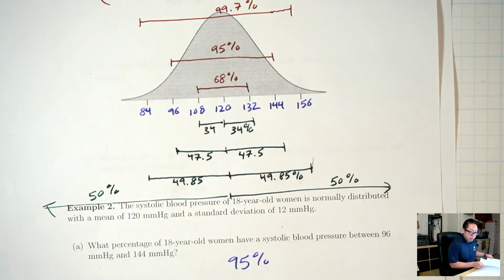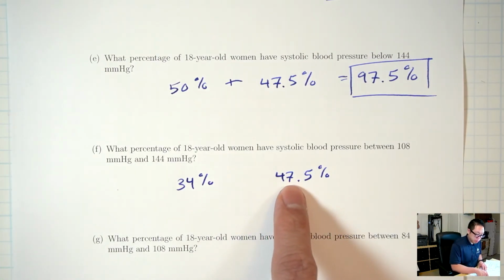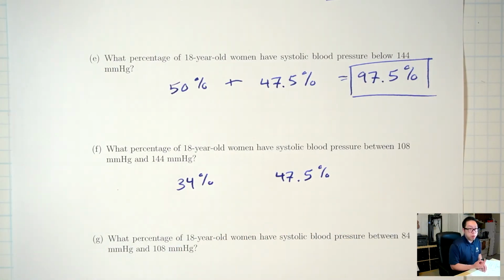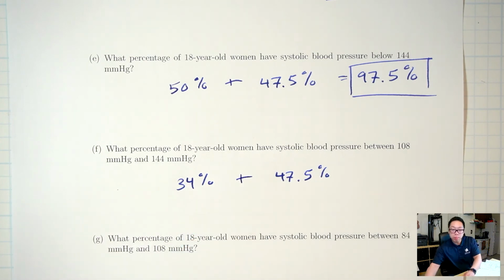If you were to subtract 47.5 minus 34, you'd get a small percent, which doesn't match the picture, or what you expect the answer to be. We do expect the answer to be kind of big. So we should add. So 34 plus 47.5 is 81.5.